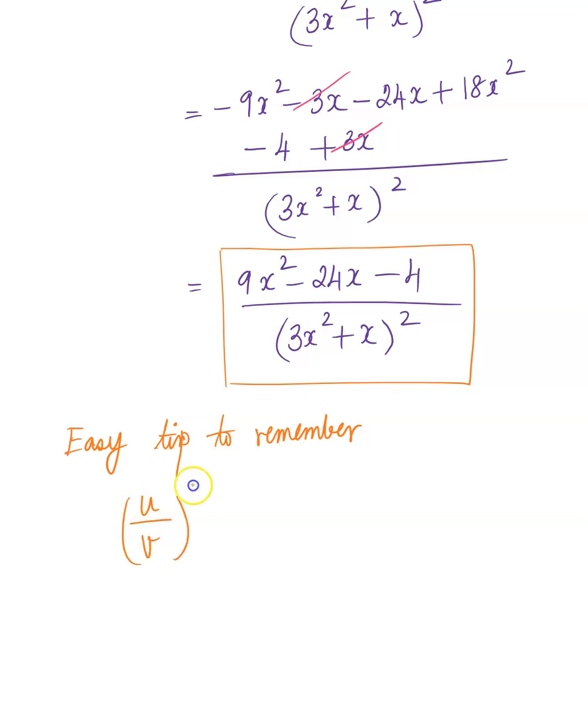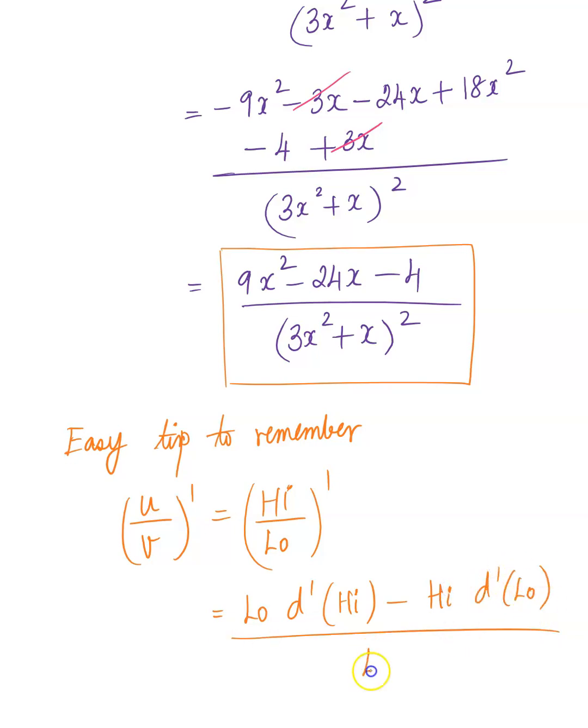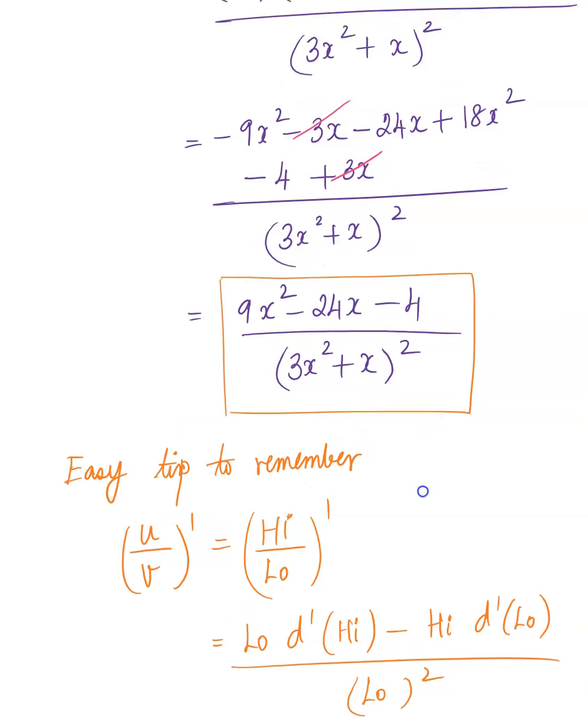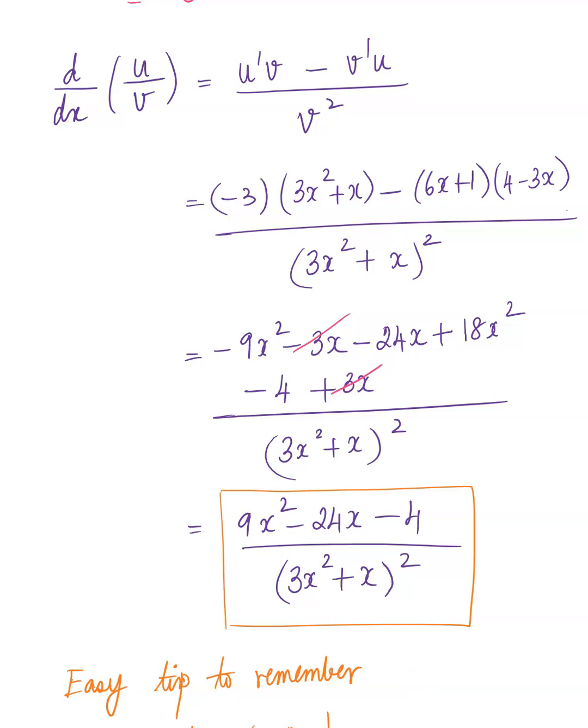U over V, the whole prime, can be written as high over low, the whole prime: low D high minus high D low over low squared, where the low is your one in the bottom, which is your V, and high is your U. If you recall here, it's U prime V minus V prime U over V squared.